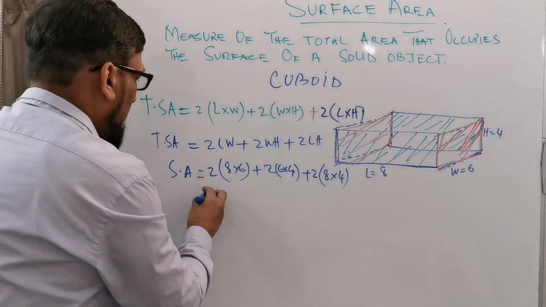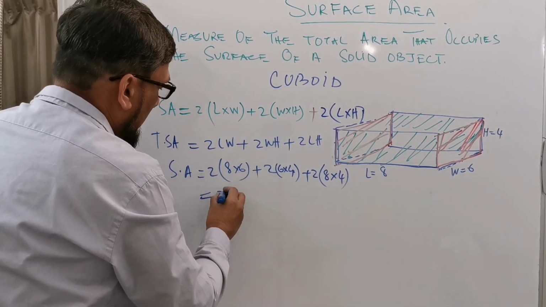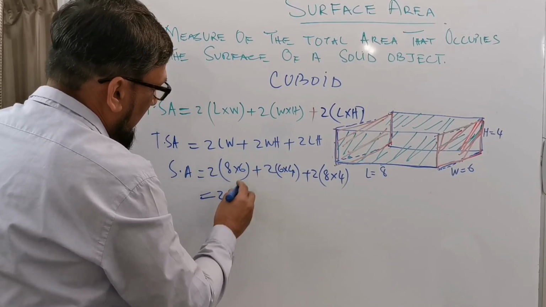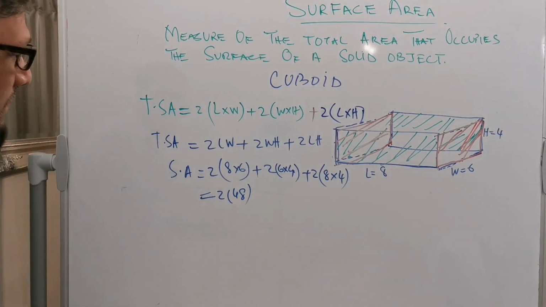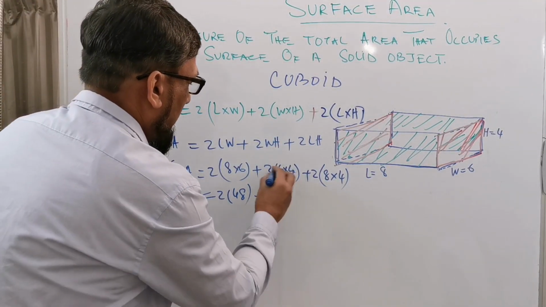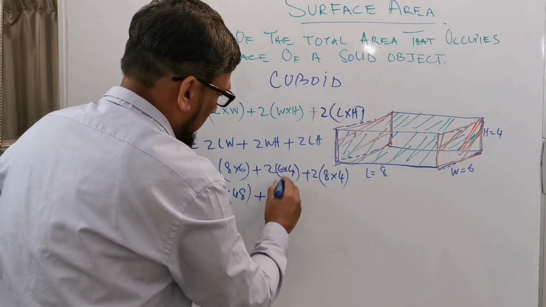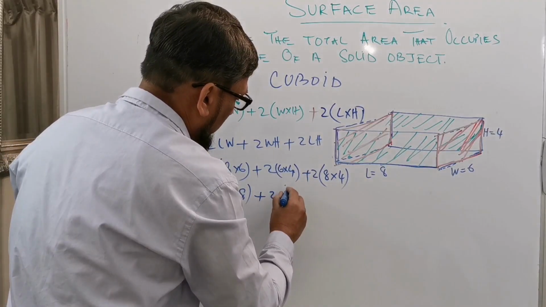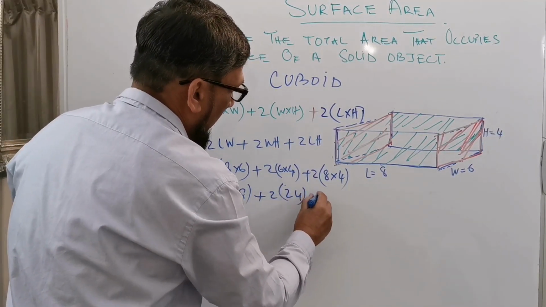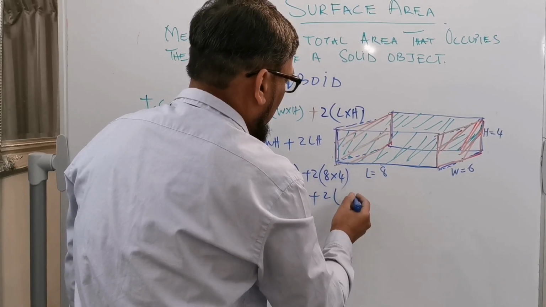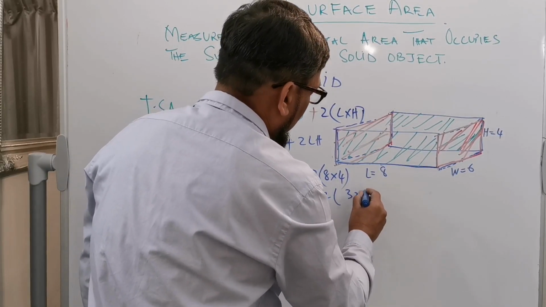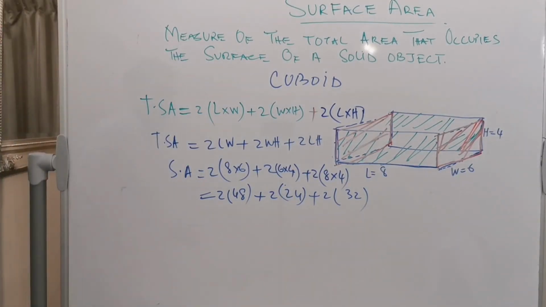Now, 8 times 6 is 48, plus 6 times 4 is 24, and 8 times 4 is 32.